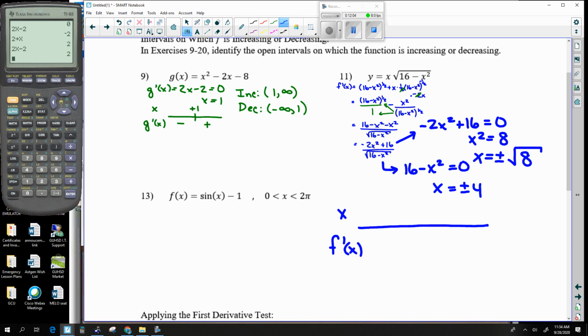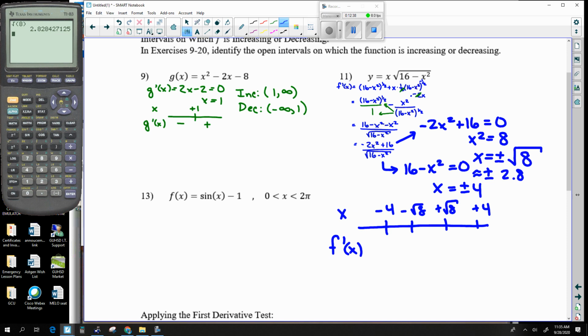I don't even know what the value of square root of 8 is. Yeah, 2.8 something. So we have negative 4, the negative root 8, the positive root 8, and positive 4. Again, root 8 is approximately 2.8 something.